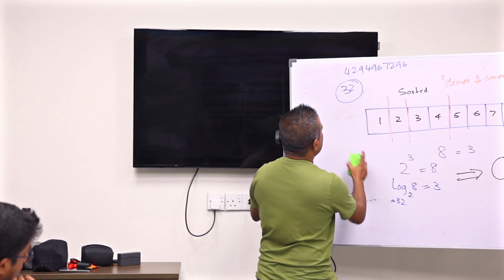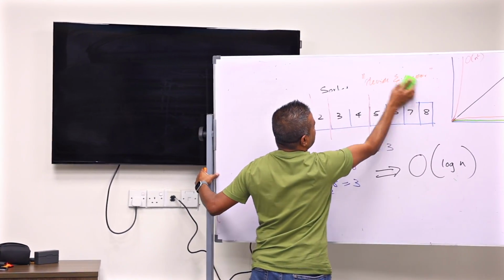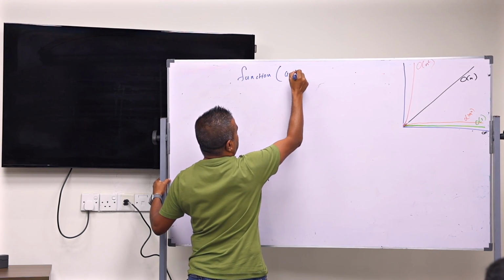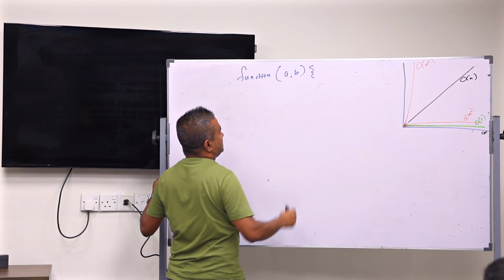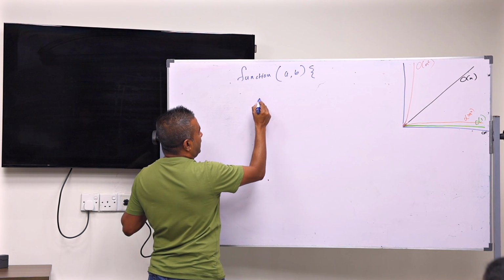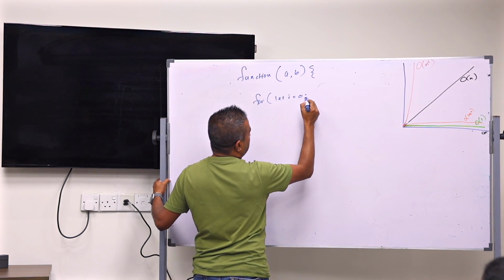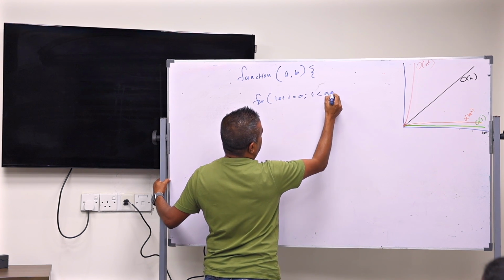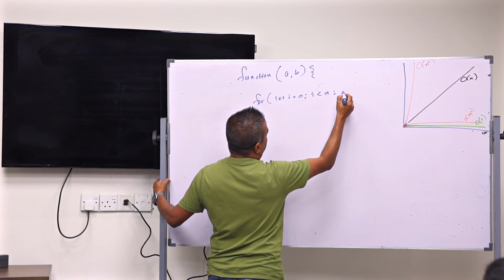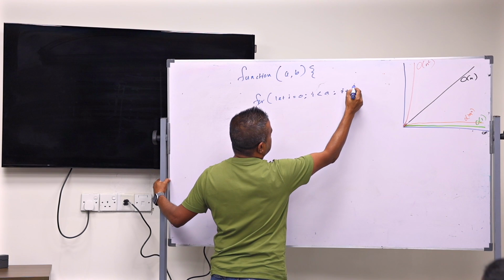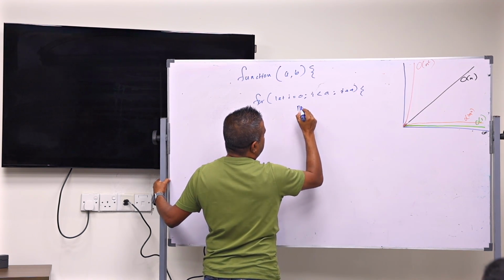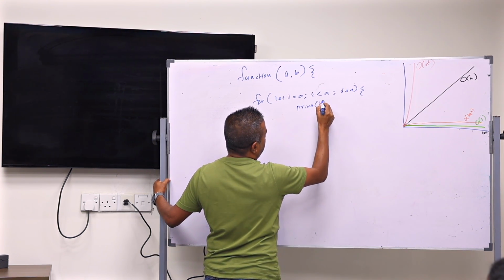Okay, so now apply your knowledge to this one. Take A and B as arguments. I have a for loop: let i equal 0, i less than A, i plus plus, print i.